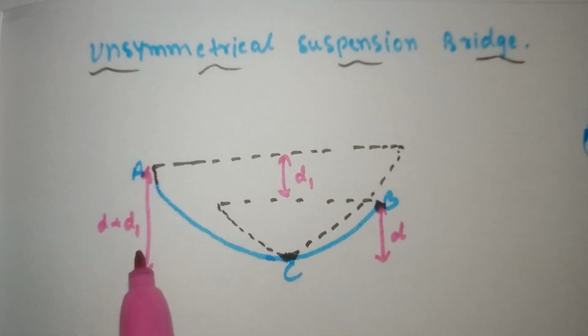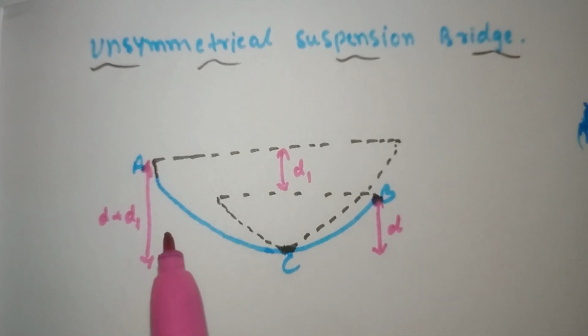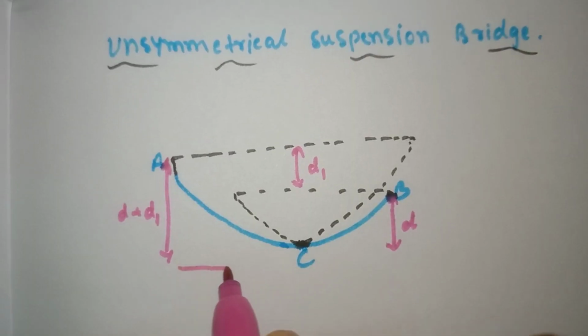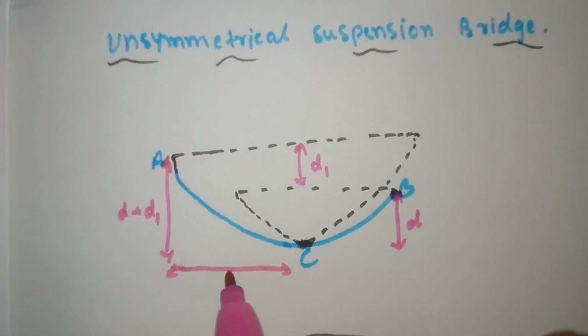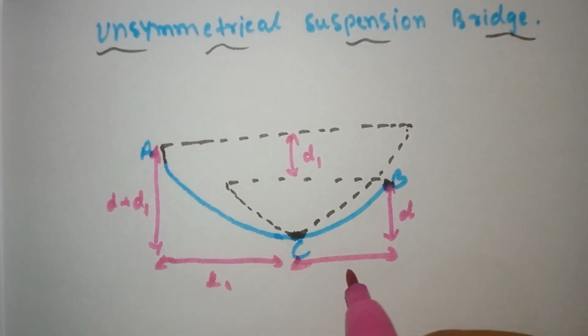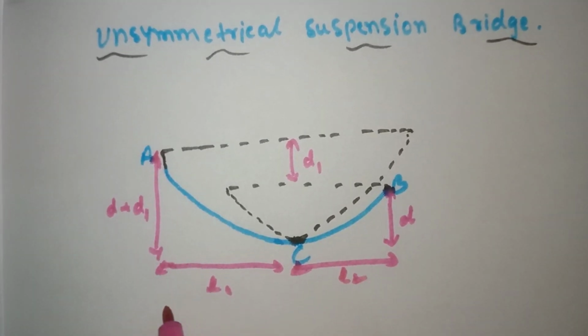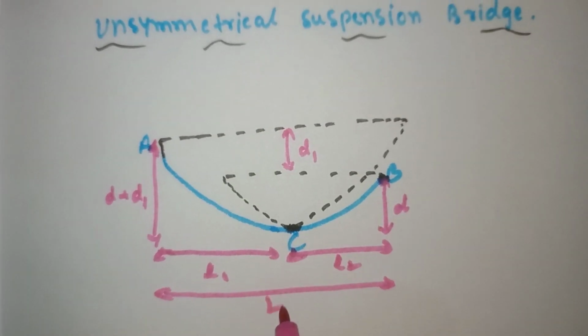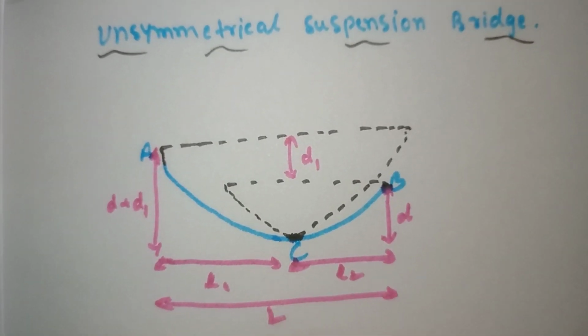So total from here to here is D plus D1. The length from here to here is L1 and from here to here is L2. So the total span length is capital L.